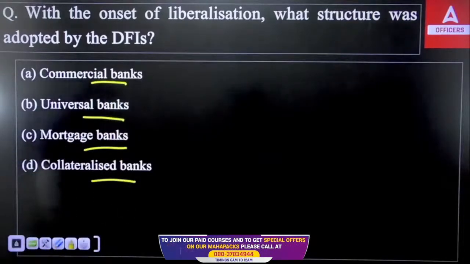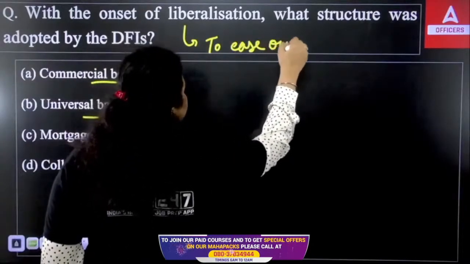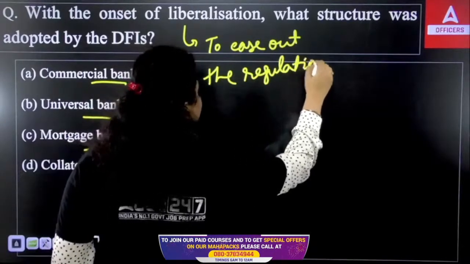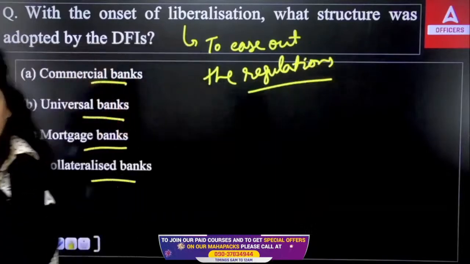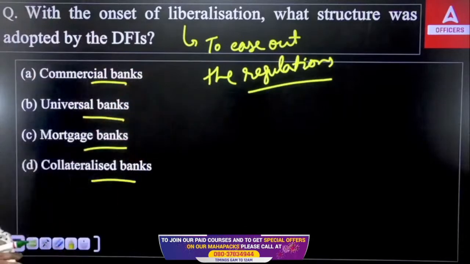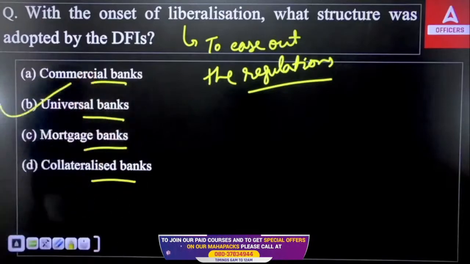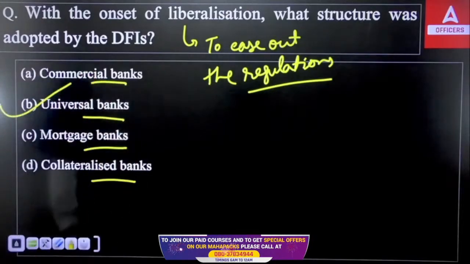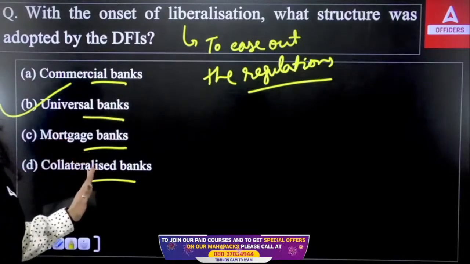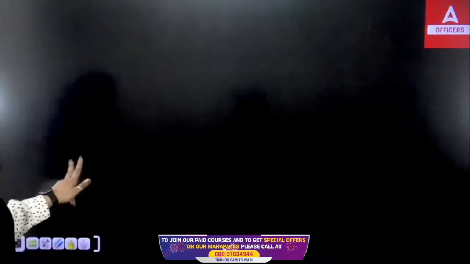So liberalization means to ease out the regulations, the restrictions, the rules, etc. That's what the liberalization is. We wanted to ease out the restrictions, and we have eased out the restrictions. So after that, ICICI Bank introduced the universal bank structure. So right answer will be your B option, that is a universal bank.